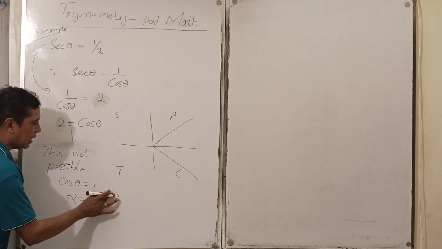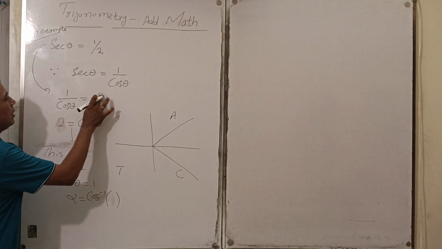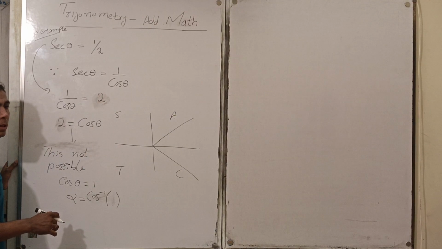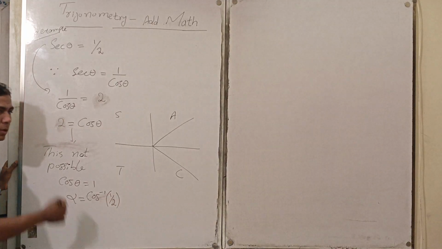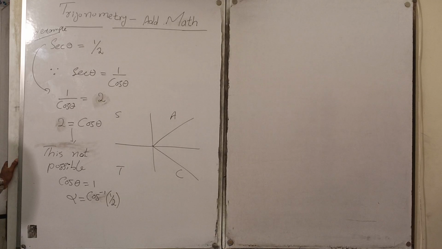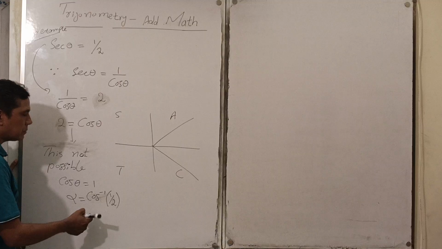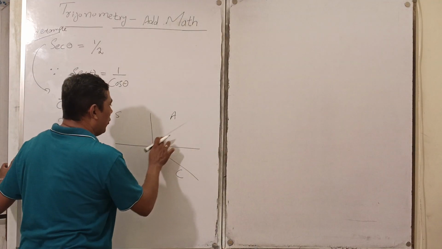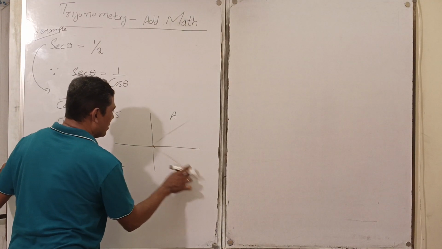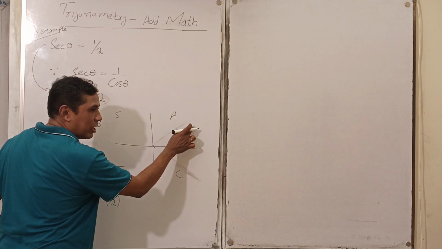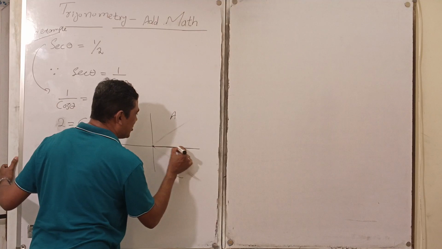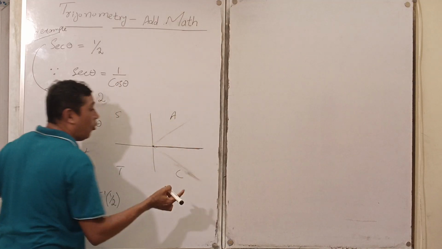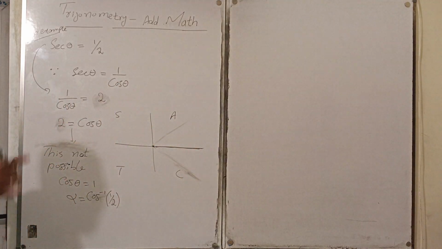For example, let's say it is 1/2, then alpha is 60. If alpha is 0, how will we find theta? Alpha is 0. It means you will have it in this quadrant and in this quadrant. Am I right? Alpha always is measured along the x-axis.